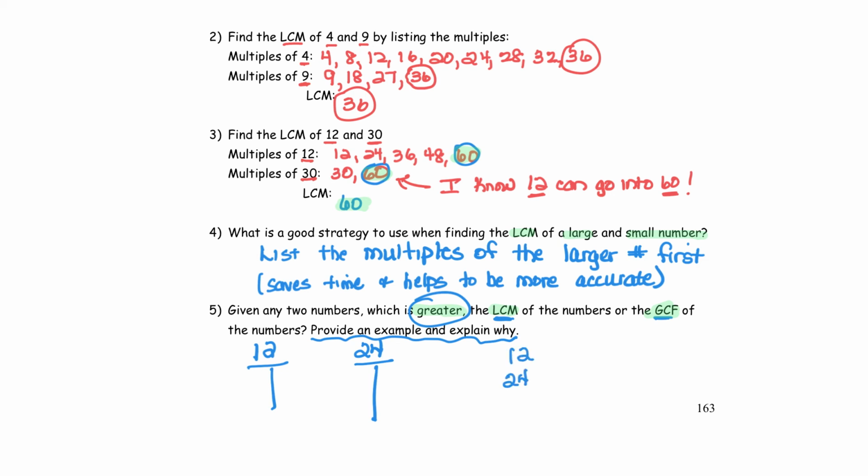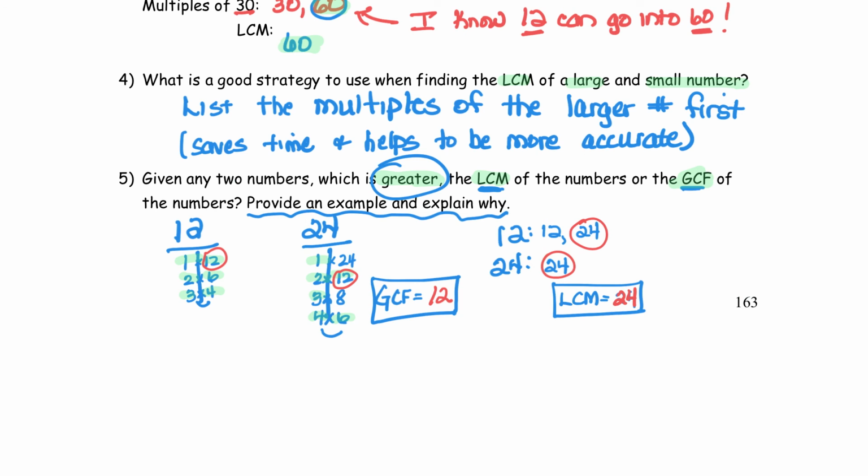Which would be greater, and then be able to explain why. Pause the video now. So we see, based on the work provided, the GCF of 12 and 24 is 12. With the LCM, when we make our list, the LCM of 12 and 24 is 24.